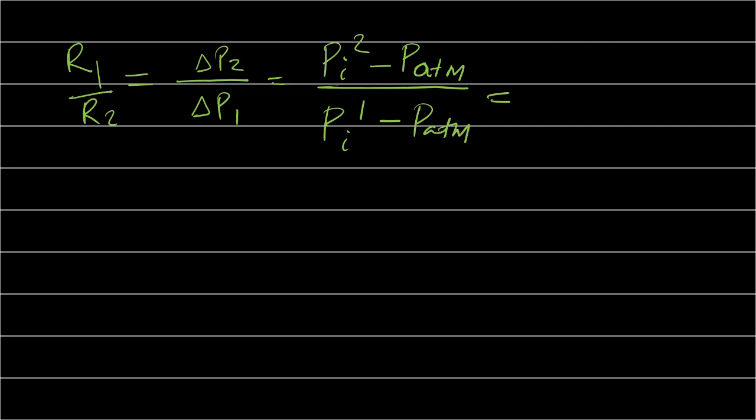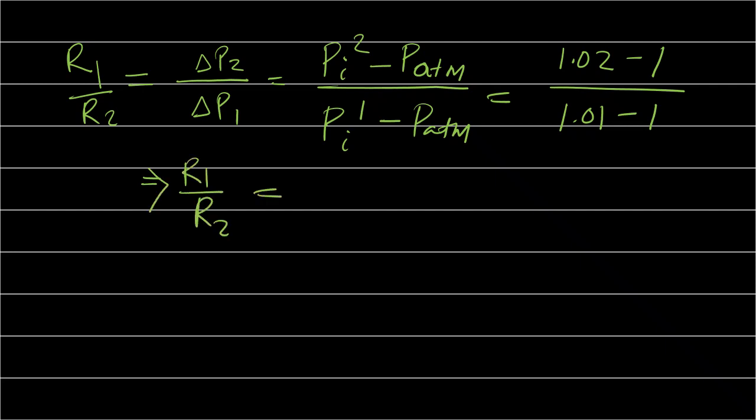It is given that Pi2 is 1.02, atmospheric pressure is 1, divided by 1.01 minus 1. So R1 upon R2 is 0.02 by 0.01 equals 2.